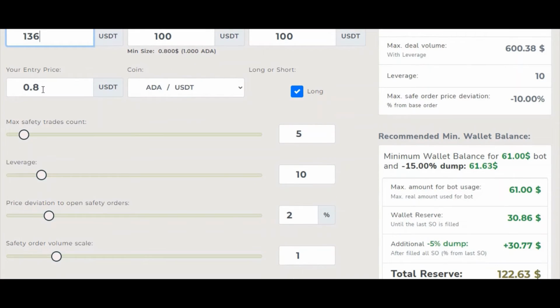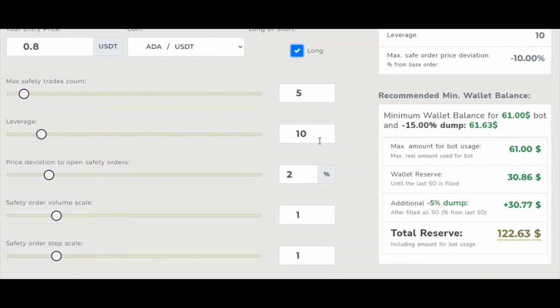Your entry price is around 0.8. Now the market price of ADA is around 0.8, right? The coin is ADA USDT. This is long. We are going to buy this one, right? So maximum safety trade count, I put 5 there. You can remember that one.